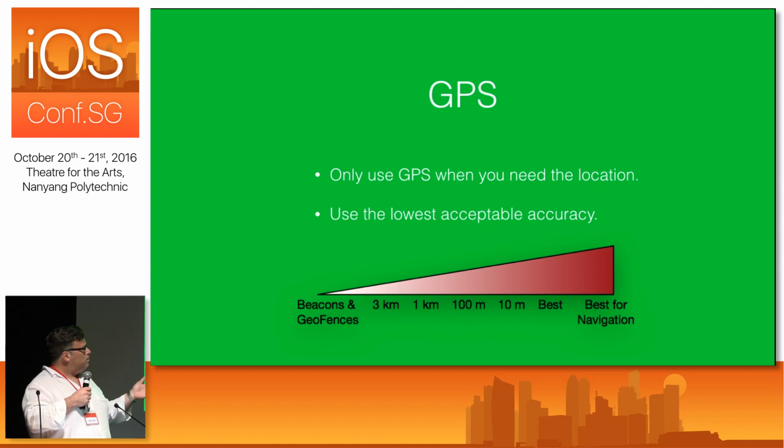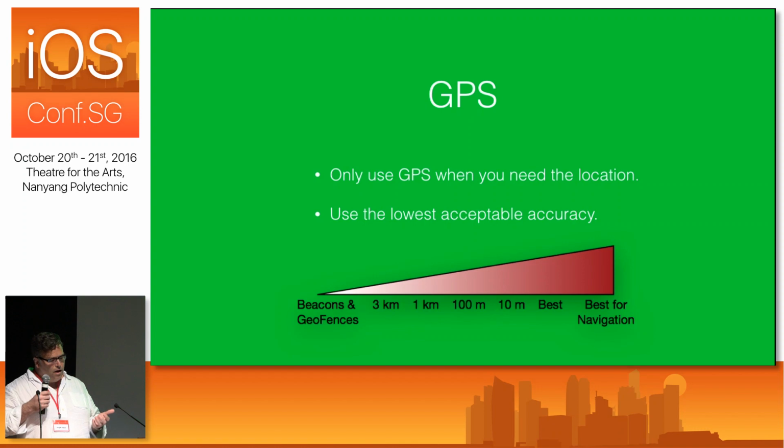So don't use best for navigation if you just want to know what city someone's in. Also, when you create your CLLocationManager, you can turn GPS on, you can turn it off, you can pause it. So if you just need to know where someone is, don't leave it on. Just get the location and then shut it down, and you'll have better battery life.